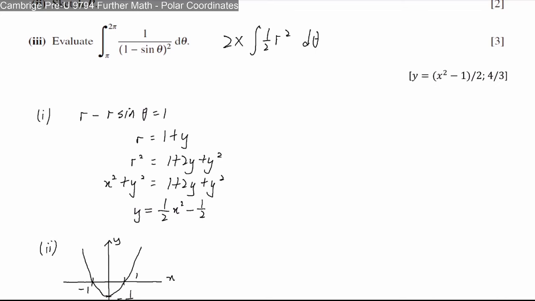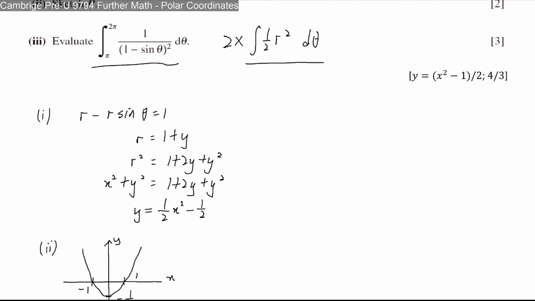Integrating this expression is the same as finding 2 times the area, because these two expressions are the same. So evaluating this means we need to find 2 times the area of this curve.